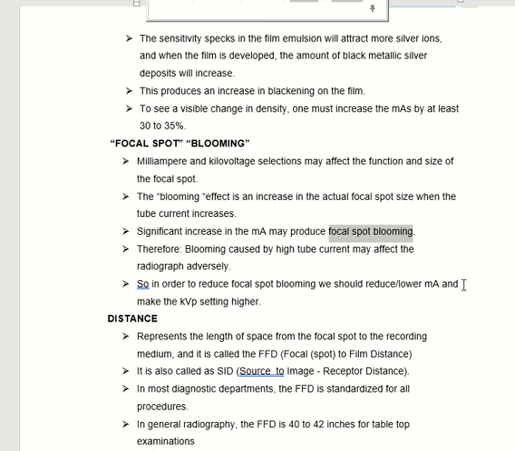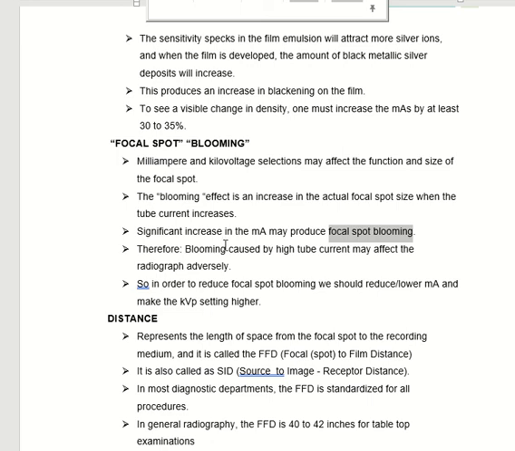So, para ma-avoid natin ang focal spot blooming, we should use lower MA. Blooming caused by high tube current may affect the radiograph adversely. So, in order to reduce focal spot blooming, we should also reduce the MA and increase the kVp.